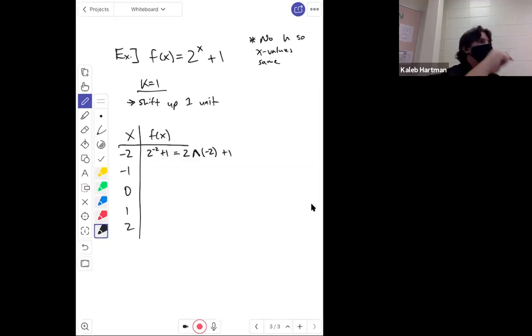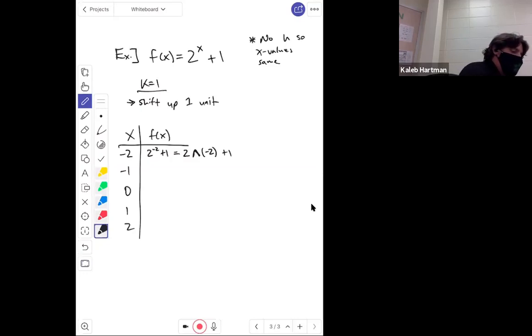If you do not use those parentheses, it will think the plus 1 is part of the exponent. This plus 1 is not part of the exponent. You have to use the parentheses. If you don't, it will not work. You will get the wrong answer. Does everybody understand that? Use parentheses.